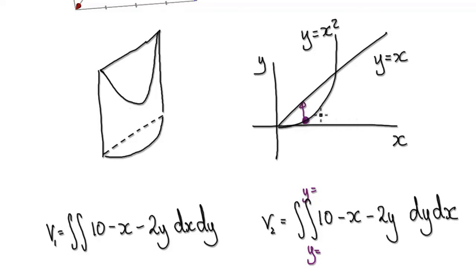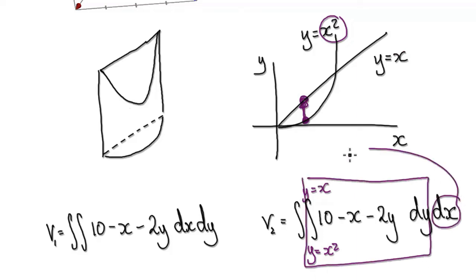Well, that would be y equals x squared. So we start at y equals x squared, and then we move along and we stop at y equals x. So that's our first setup done. And then the outer integral will always have a constant boundary. So we're moving along like this.